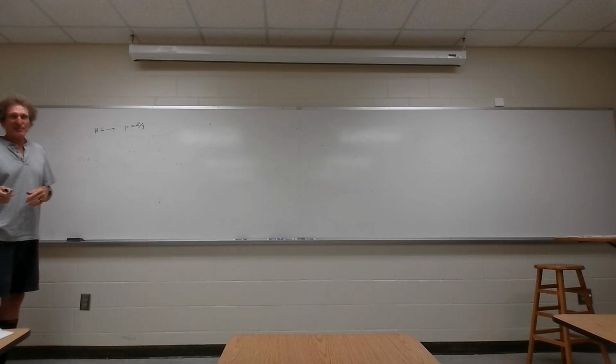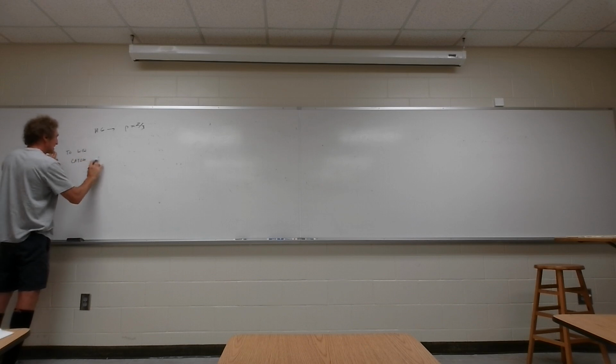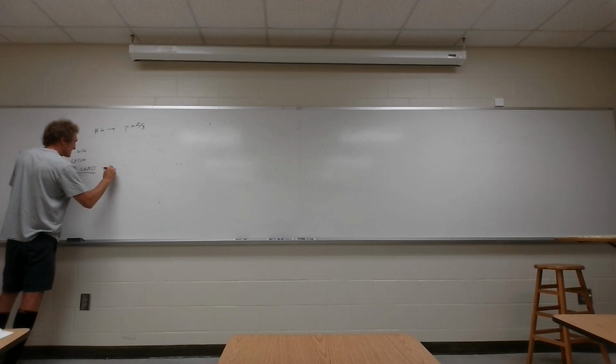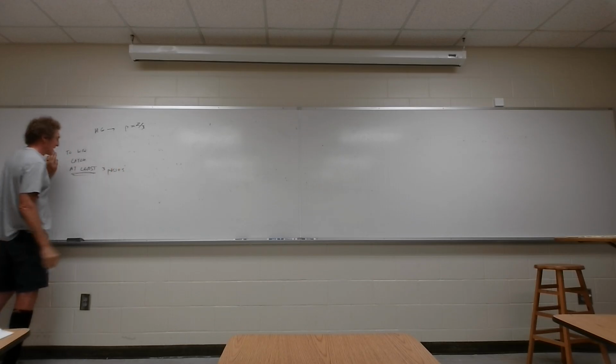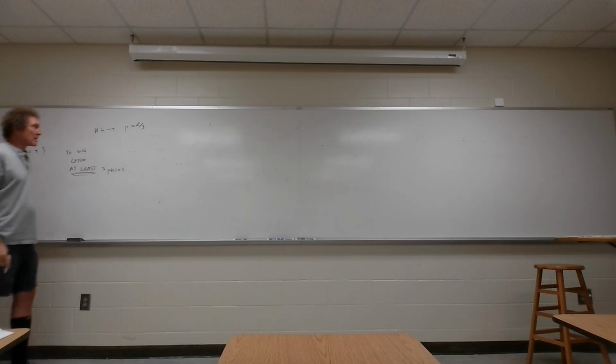And now what's the next part? He must catch 3 passes for his team to win the game. All right, let me just stop there. To win, he has to catch at least, and this is important, 3 passes. Not exactly, but at least 3 passes. The quarterback throws the ball to Harvey 4 times.